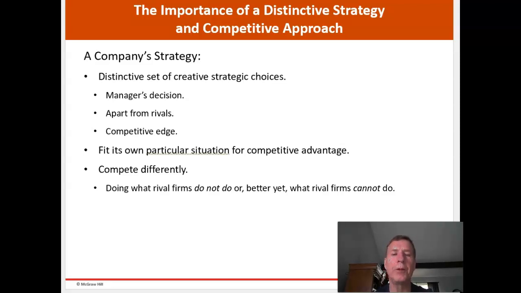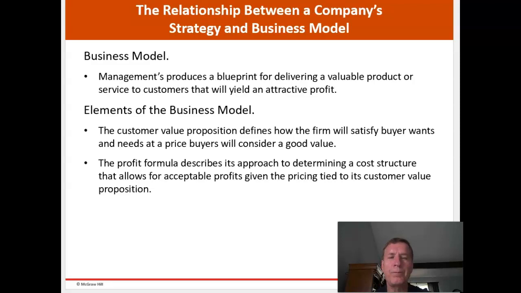These are visible actions that are going to signal what strategy the company is pursuing. For example, you could look at management's decisions, what sets you apart from your rivals, can you define yourself, your competitive edge, etc.